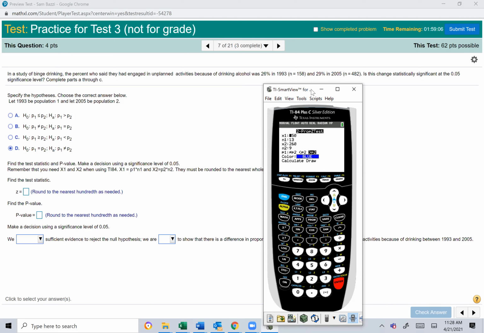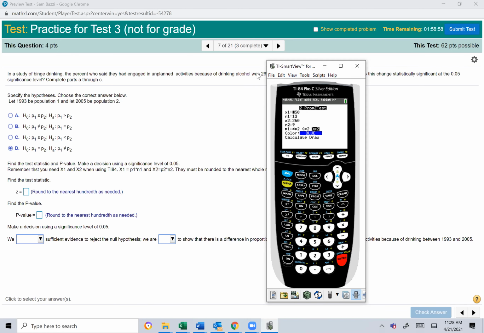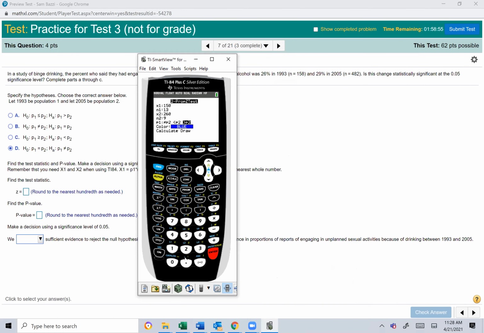So look what you do, guys. You take the 26% and change it to a decimal and multiply by whatever the number is, 158. So 0.26 times 158. Okay, but I got a decimal. You're not allowed to have an X value that's a decimal. X is a number of successes. It can't be a decimal.